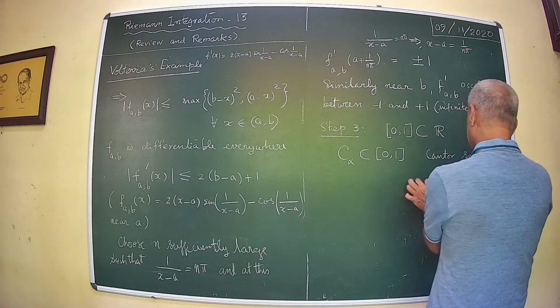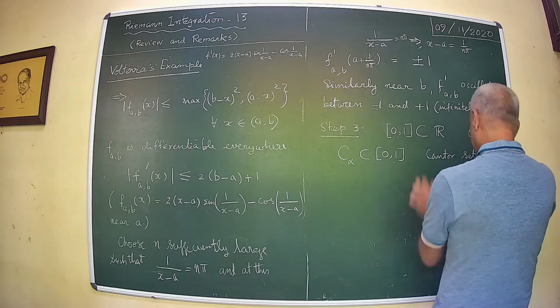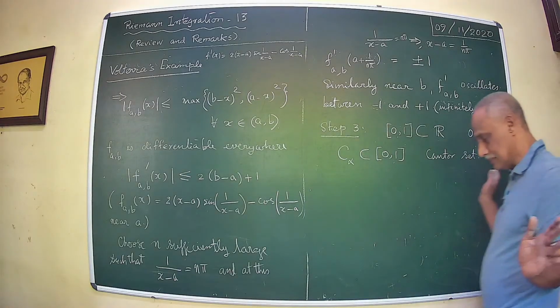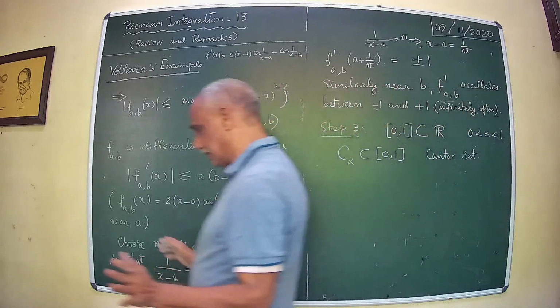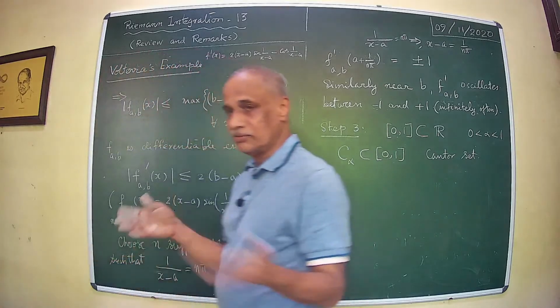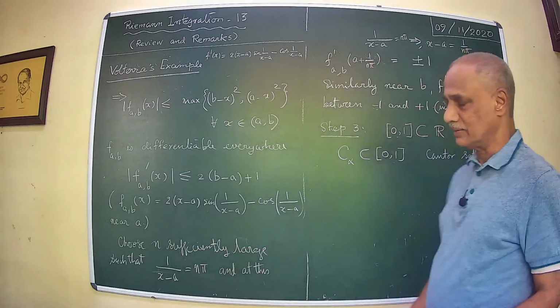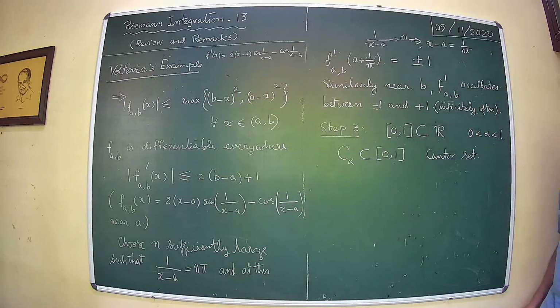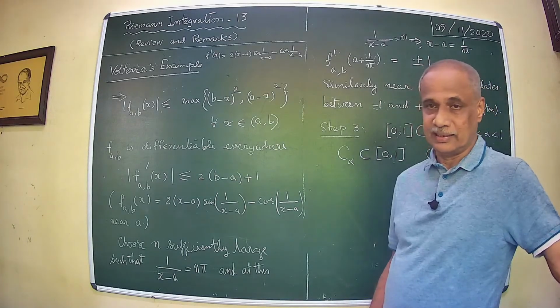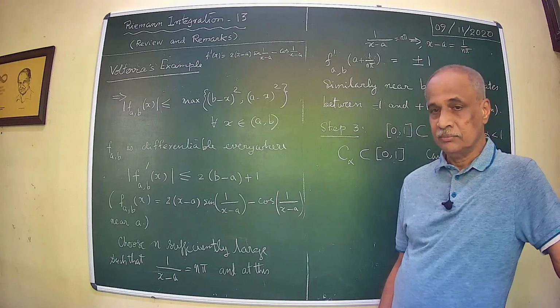Again, you take the middle of each and drop an interval, and so on. We do this infinitely many times, and eventually you are left with a set of points called the Cantor set. We have already discussed in detail the properties of the Cantor set, and we will make use of that.